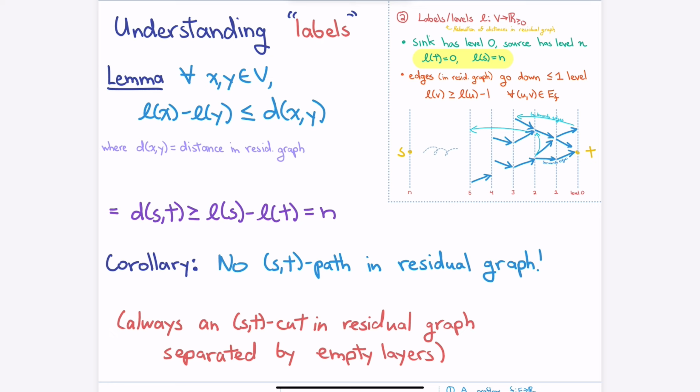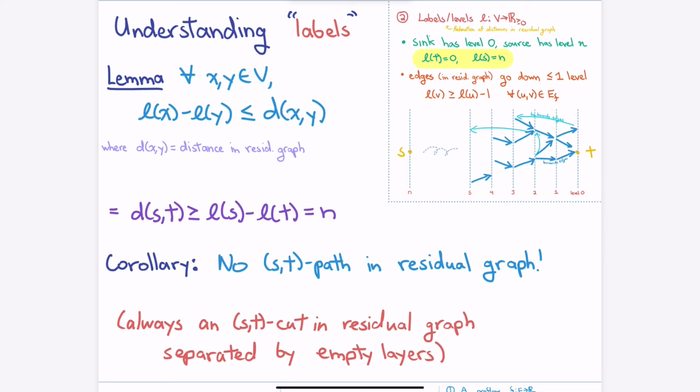Okay, so that's kind of neat. So there's no S to T path in the residual graph. That means that I could always run breadth first search from S, see what I can reach, and it'll give me an ST cut. Why is it equal to N?